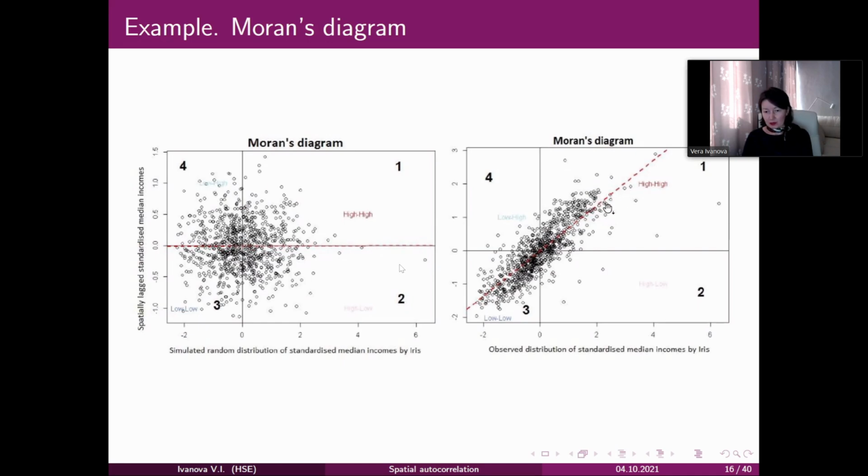We use spatial weights, we use the initial variable, and we construct the spatial lag of the initial variable. The horizontal axis corresponds to the median income by districts, and this is centered and demeaned.